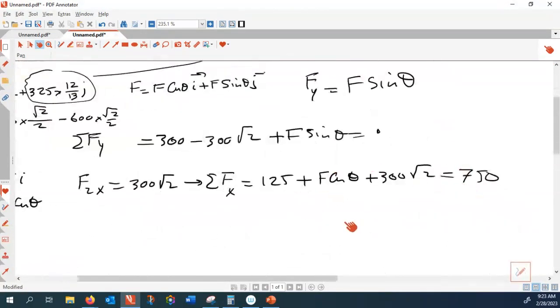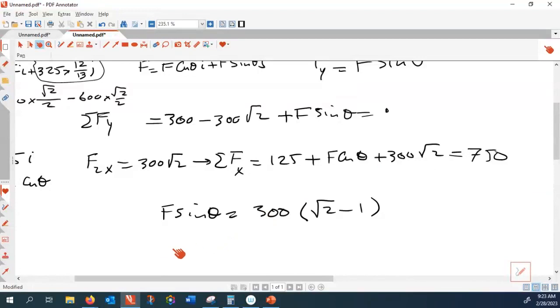So now you have two equations, two unknowns, and I suggest we keep everything f sine theta on one side. That is 300 multiplied by root 2 minus 1. And the second equation, that is f cos theta, that is equal to 750 take away.